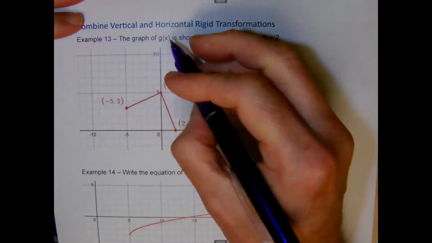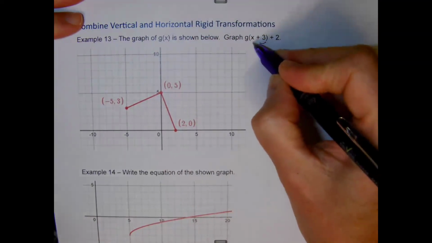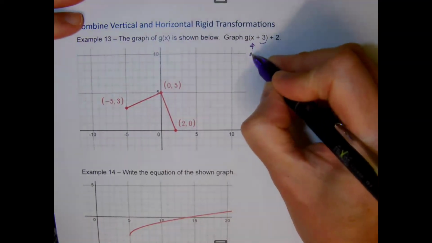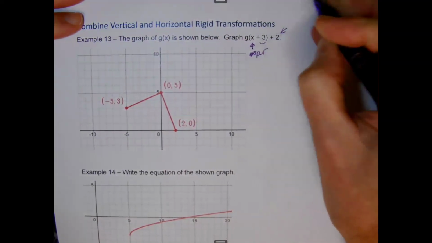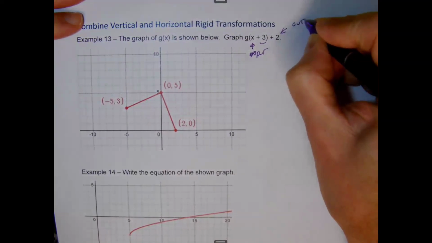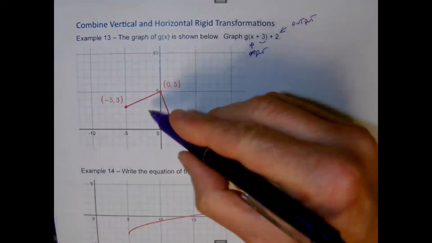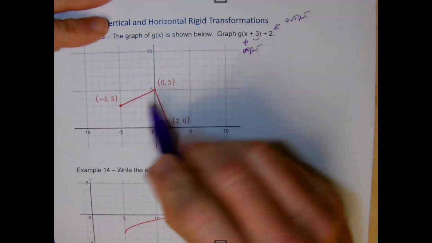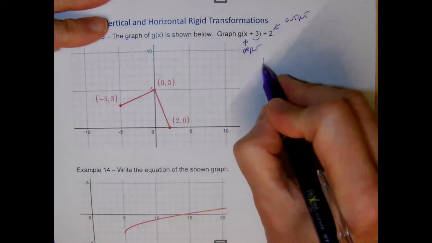So now we have two things going on. We have a transformation affecting the input variable and another transformation affecting the output variable. So just like before, it's easier to graph or write a few points down.